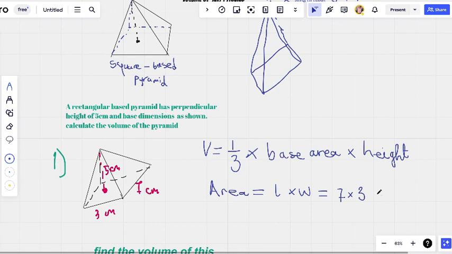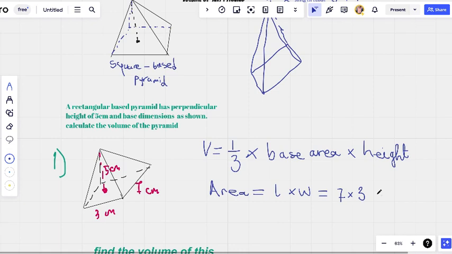So if you add this, you get 100. Then plus 32 plus 32, which is 164, right? So the total surface area will be 164.